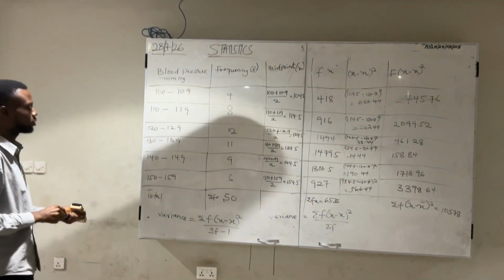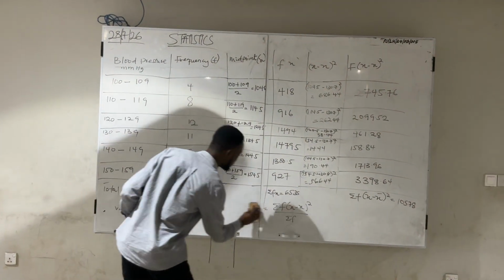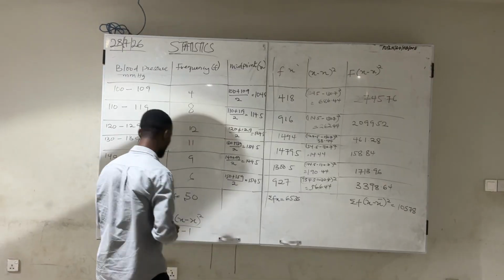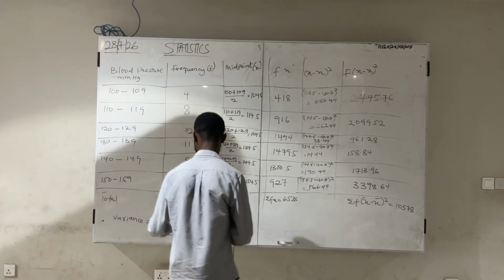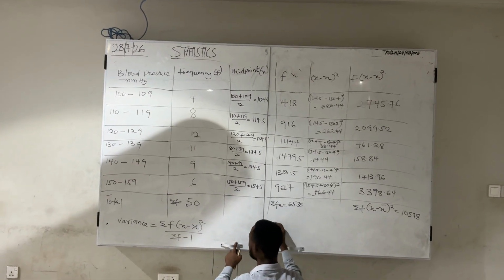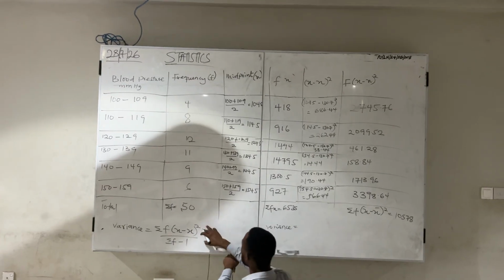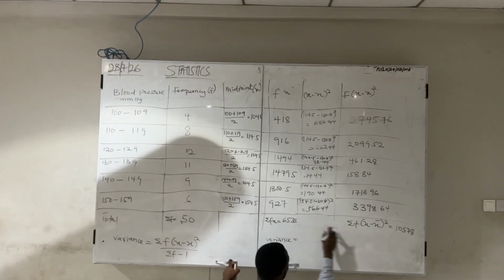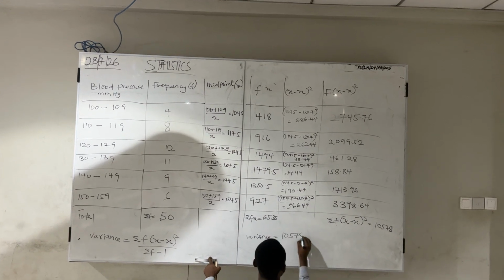So now we are coming to use the sample data formula. We just substitute the values into the formula. So the variance will be the summation of the frequency multiplying the deviation, that is 10578.